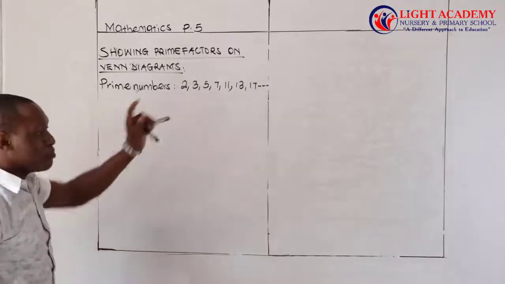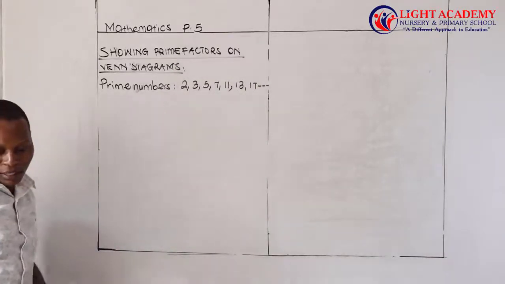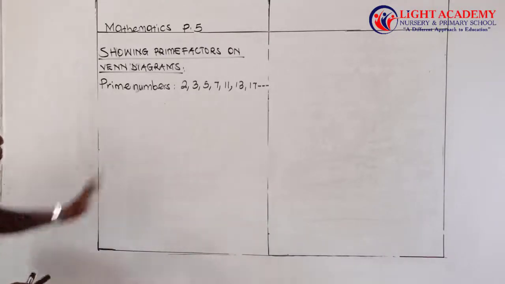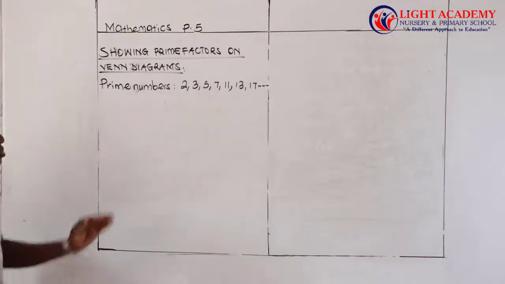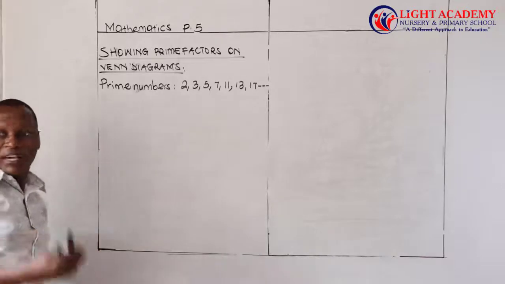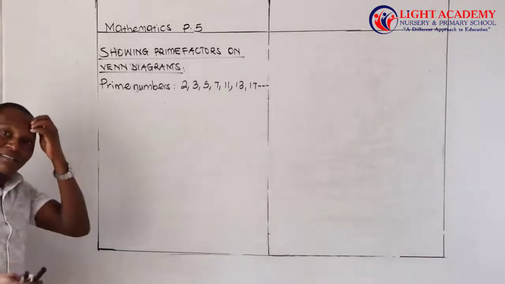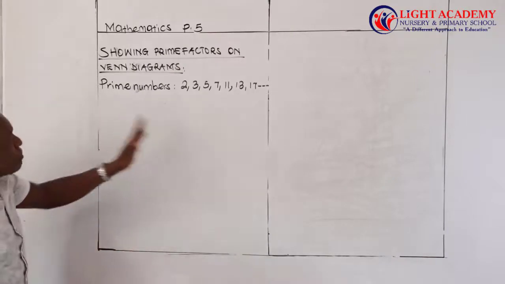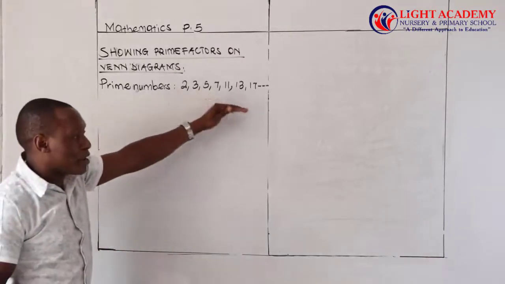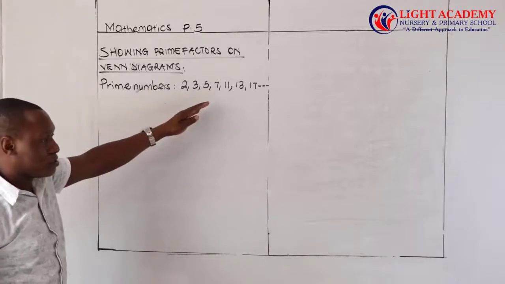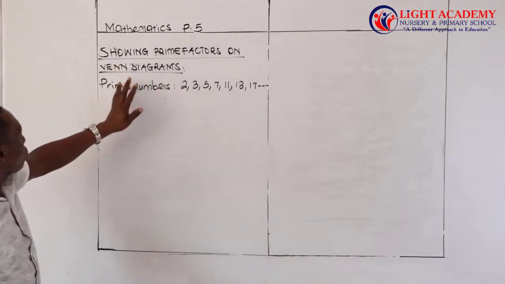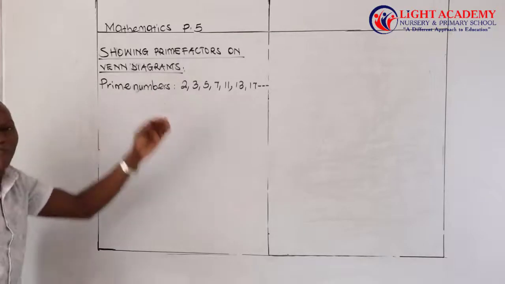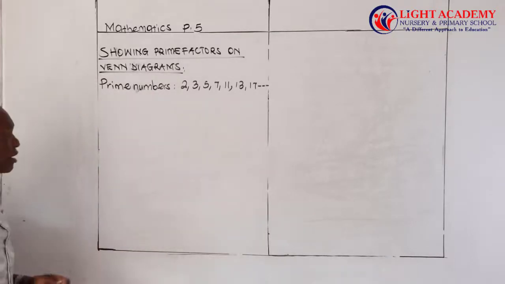So these are the prime numbers that are very important as we are prime factorizing numbers. We said in the previous session that prime factorization just means dividing the given numbers exactly or completely using the possible prime numbers. My concern in this session is to show the prime factors on a Venn diagram.